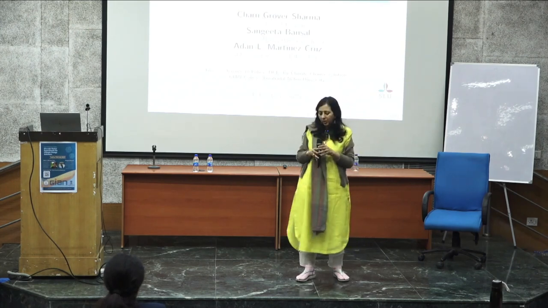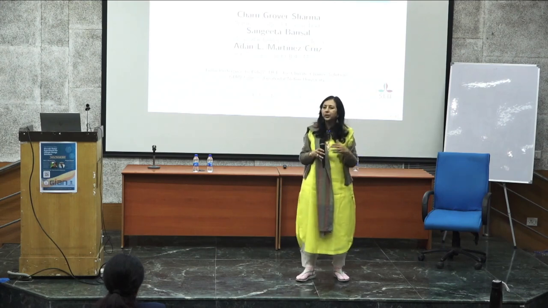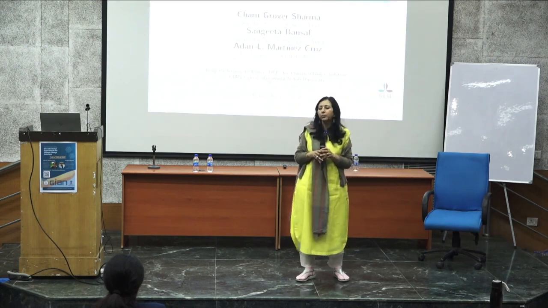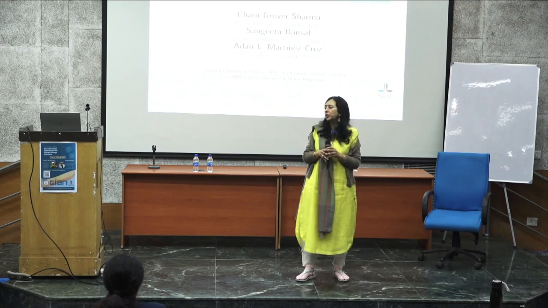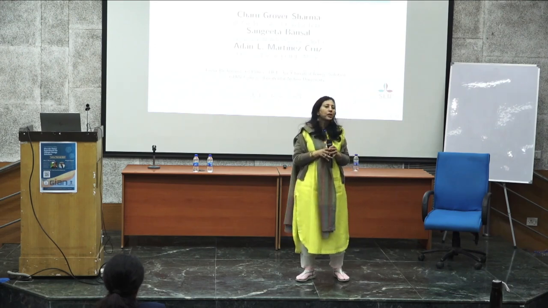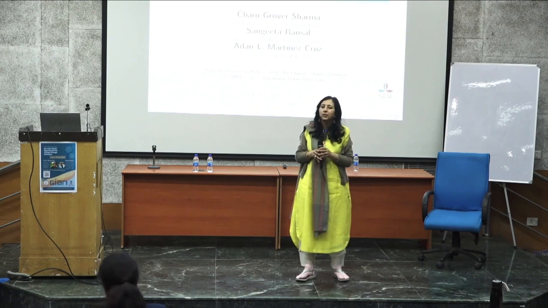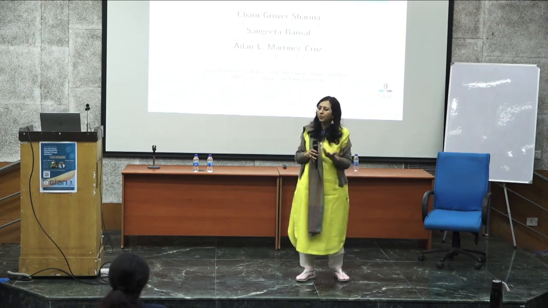So the National Commission for Climate Change was set up, and one of the elements of this National Action Plan for Climate Change was setting up the Bureau of Energy Efficiency. The objective of the Bureau of Energy Efficiency was to come up with policies so that consumers can use energy more efficiently. Okay, that was the objective.